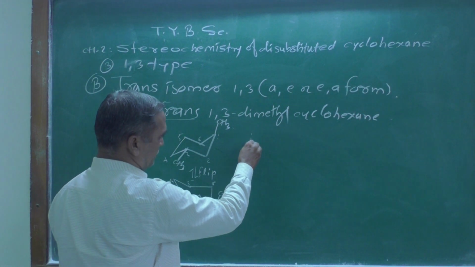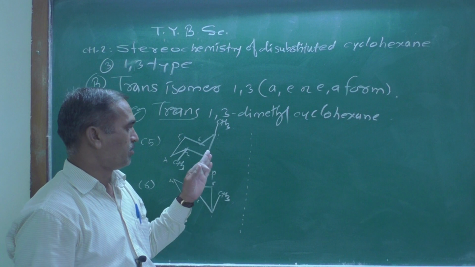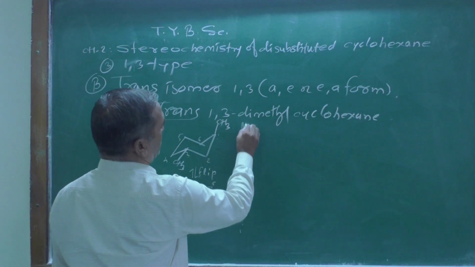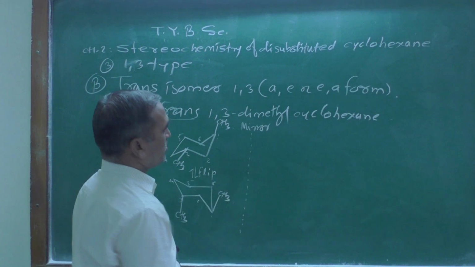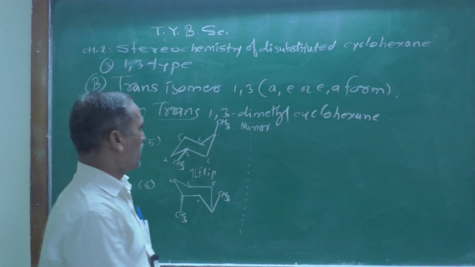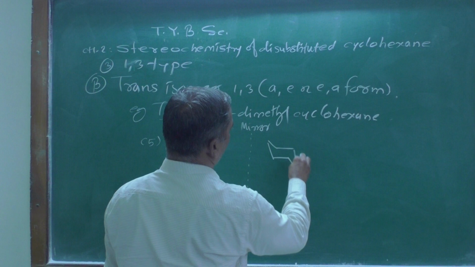Now I am putting here a mirror, right? What is the purpose of a mirror? You can see the mirror image of the object. Now this compound looks in this way, right?